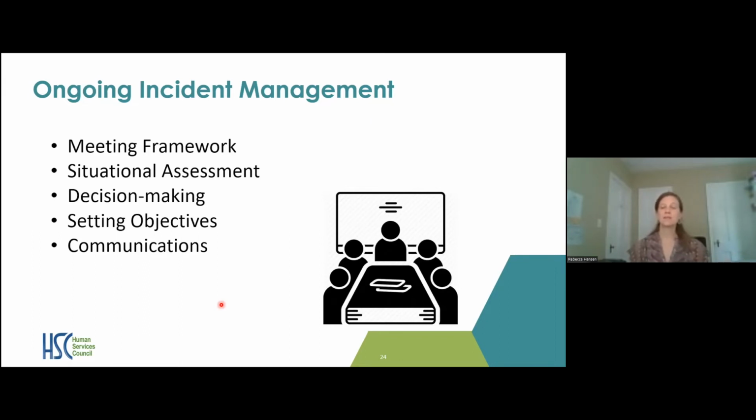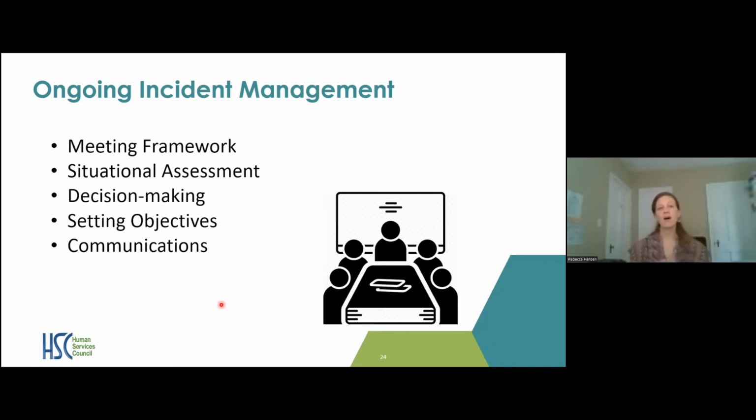When you're setting your goals and your objectives for your organization, you're really doing it as a group, bringing in all the best information, and putting together goals that are really going to help you get through this phase where you're dealing with these new things that keep popping up and the impacts of the emergency, and move on to recovery.